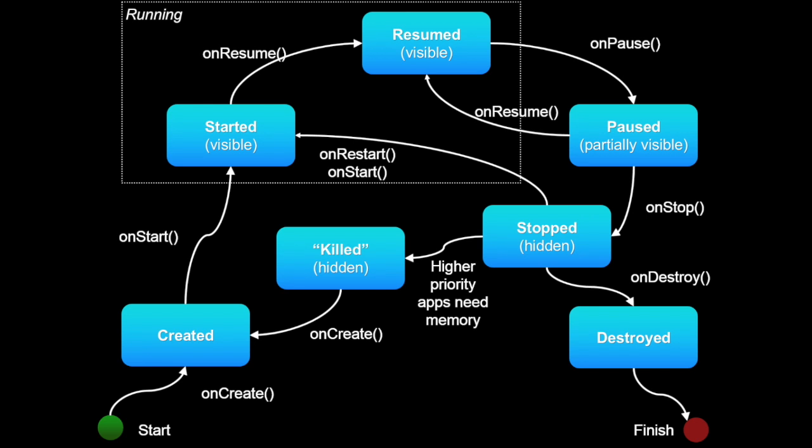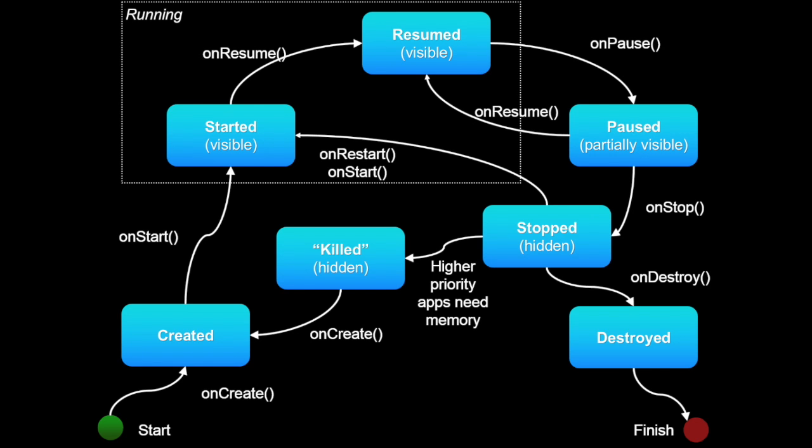Most of these states are just conceptual. The activity doesn't really stop in any of these states except for resumed, paused, and stopped. In the other states, the activity just flows right through them.